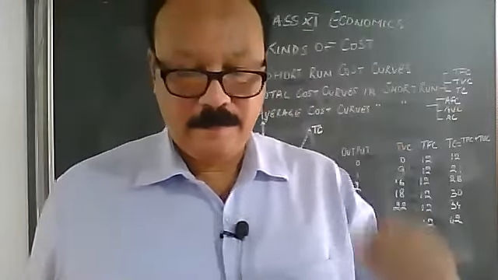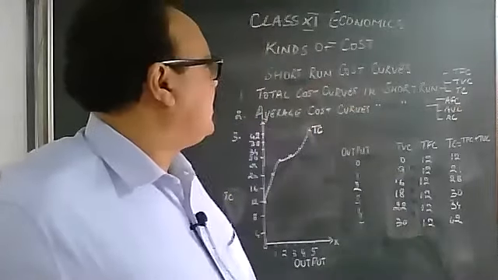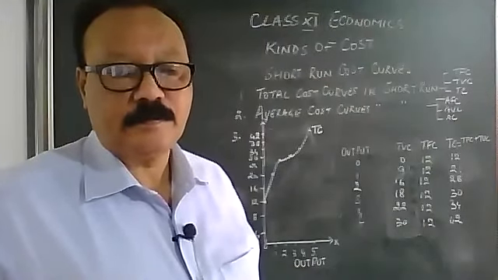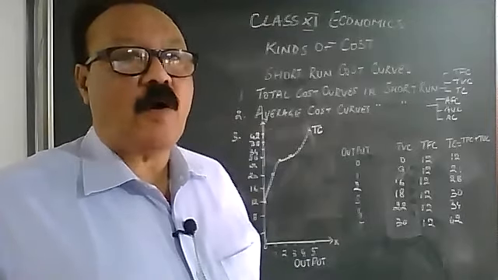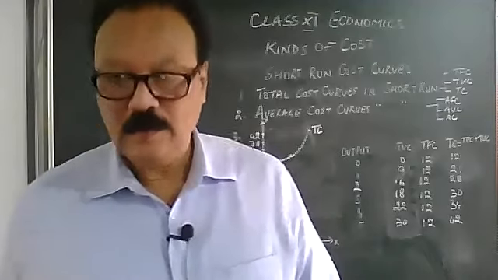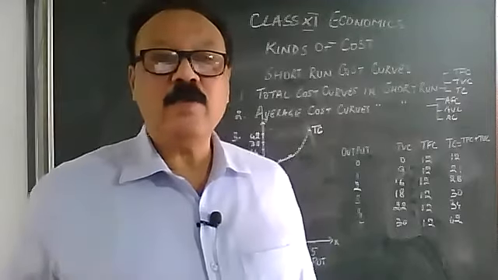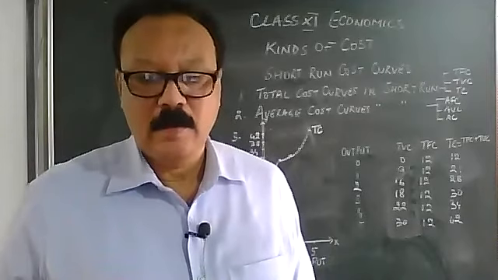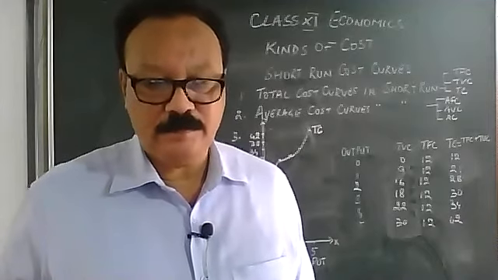Take the first one, average fixed cost. Average fixed cost refers to per unit fixed cost of production.